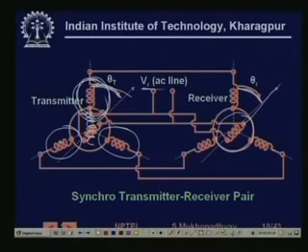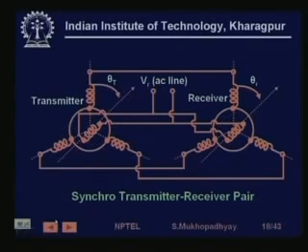So if you move the rotor of one machine, the rotor of the other machine will move by an equivalent amount. By this you can transmit a motion command, right. This is what happens in a synchro transmitter receiver pair. This is not exactly sensing, but it is one way of transferring a motion command, which is also used in control systems.